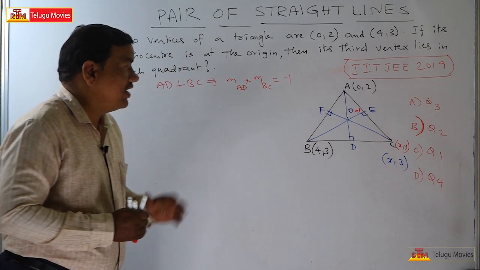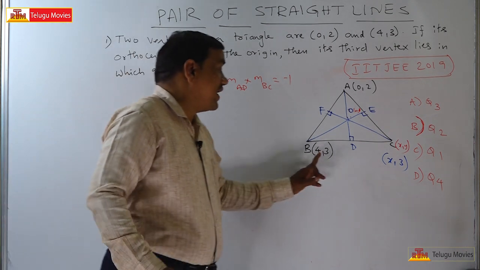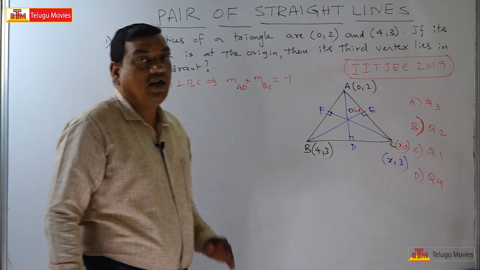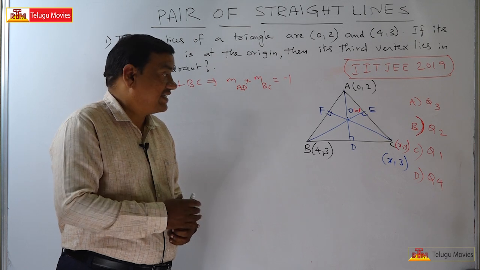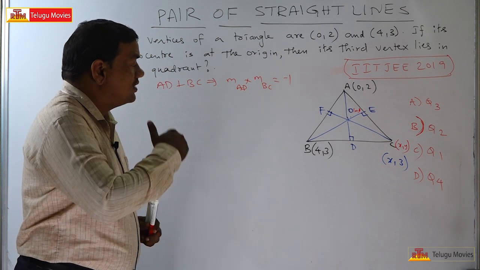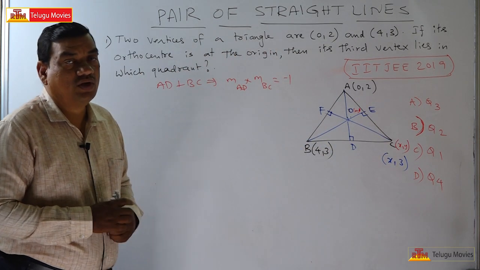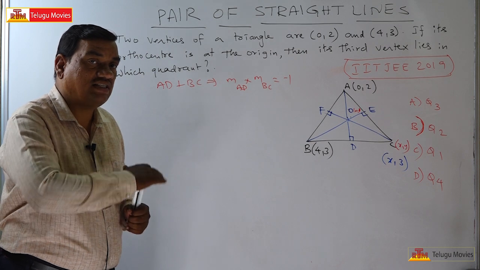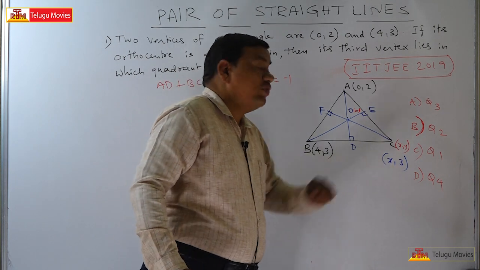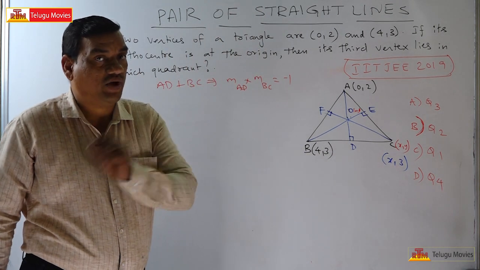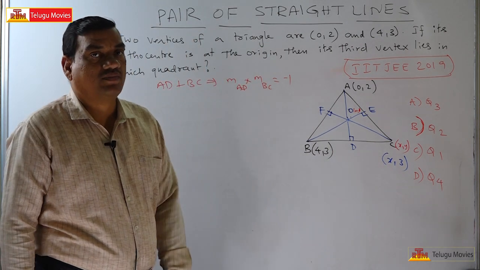The line BC is parallel to the x axis, so its y coordinate is the same, y equals 3. So we got the y coordinate. If we find the x coordinate, the problem is over.